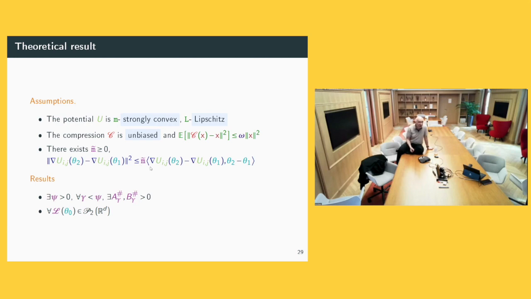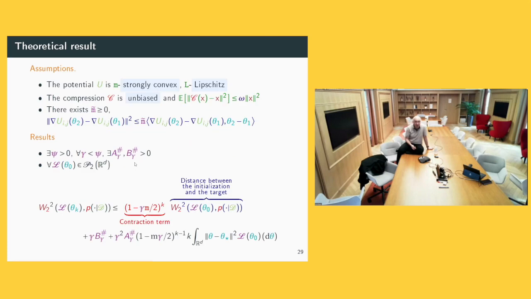In fact, it's automatic when you are Lipschitz. It's simply to have the good constant there. When you are simply convex and then Lipschitz, you are already co-coercive. So if you are strongly convex, it's even better.